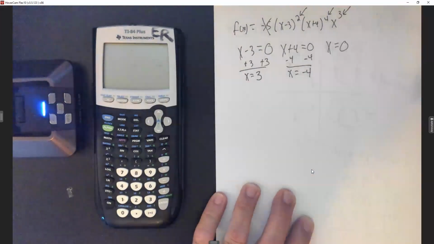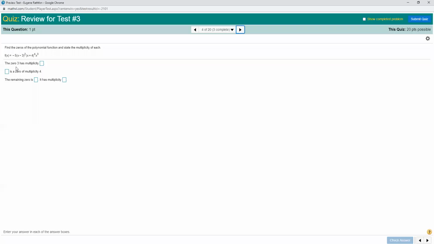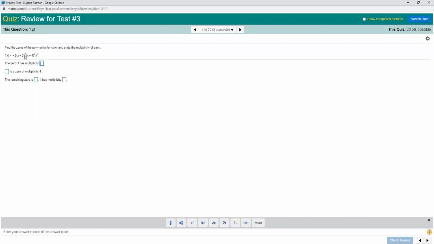So let's see how they want these answers in. So here you go, the 0, 3 had a multiplicity. So we got that from the first one, and we said that had a multiplicity of 2. And then this says blank is a 0 of multiplicity 4. Well, remember, we solved this one and got a negative 4.